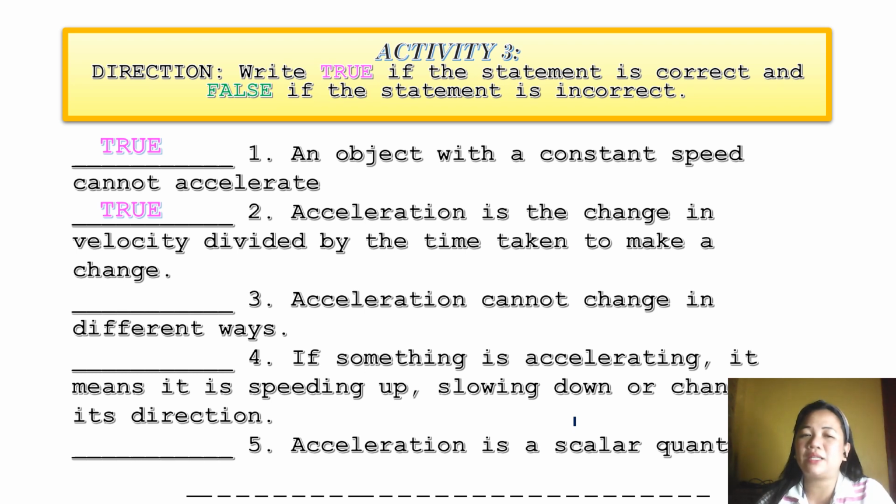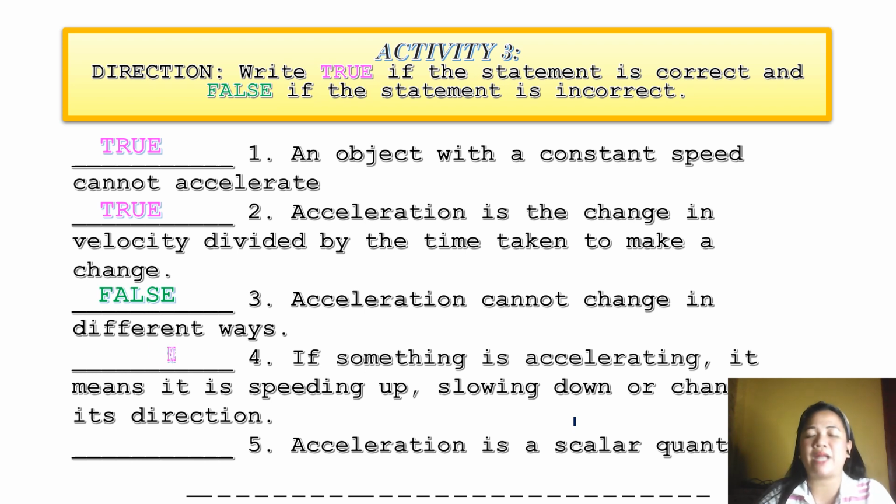Kasi ang formula natin is acceleration is equal to Vf minus Vi over time. So, nagkaroon ng change in velocity over the time. So, true. Number 3, acceleration cannot change in different ways. Is it true or false? False. Okay, pwede siyang mag-change ng direction. So, remember. Next, if something is accelerating, it means it's speeding up, slowing down, or changing its direction.